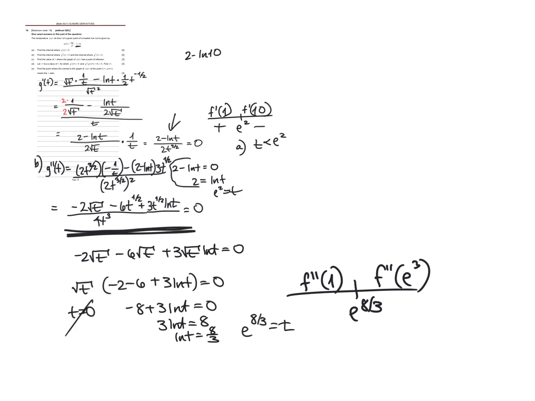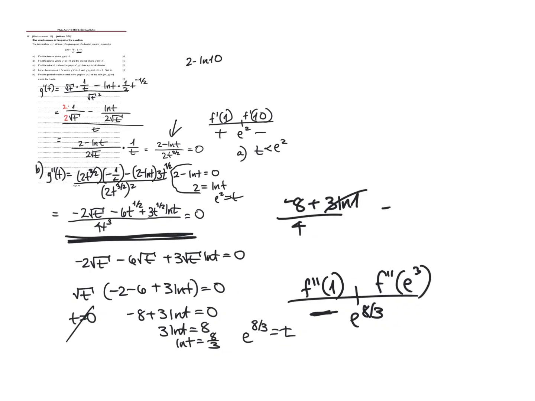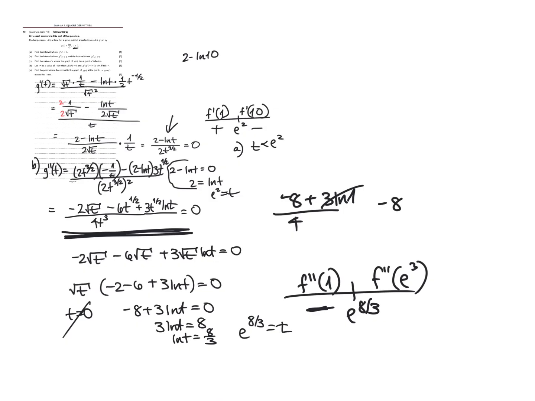All right, so we're going to have -2, -8 plus 3 natural log 1, so that goes away, over positive. So this is going to be a negative here. And if we substitute in e to the 3, we're going to have -8 e to the 3/2, because we have the square root.